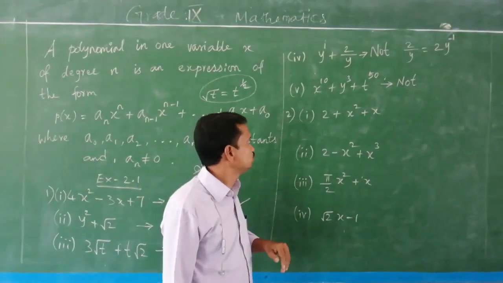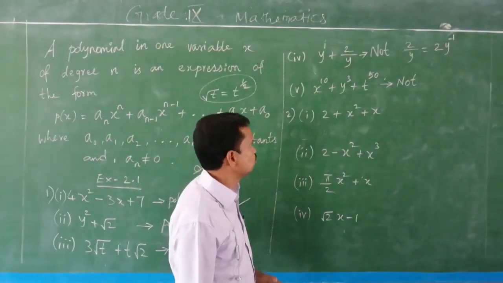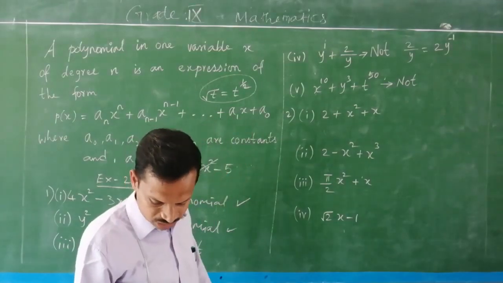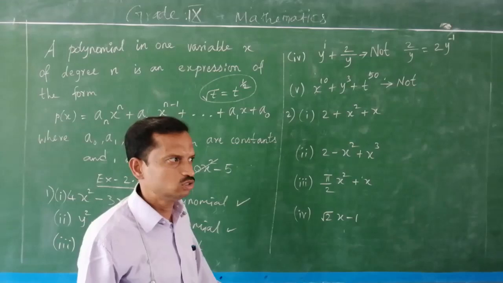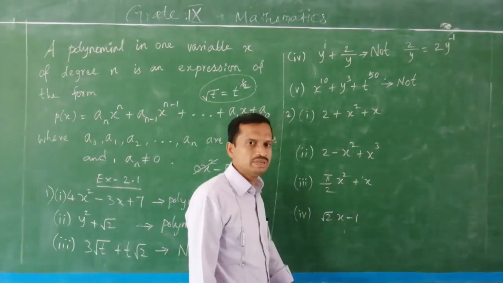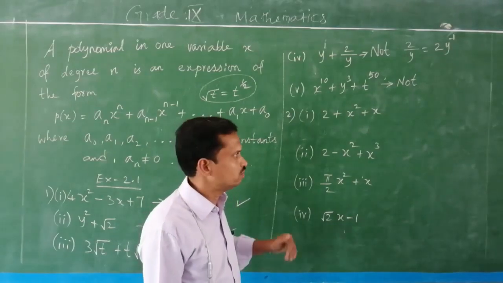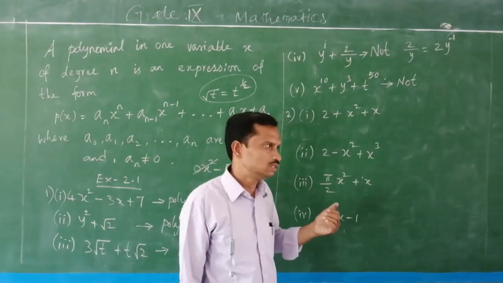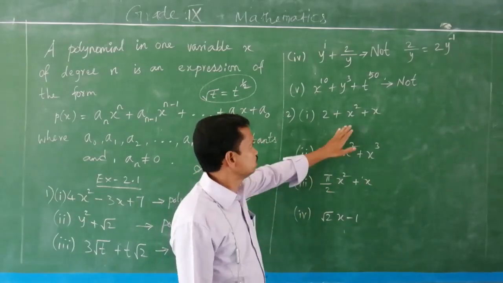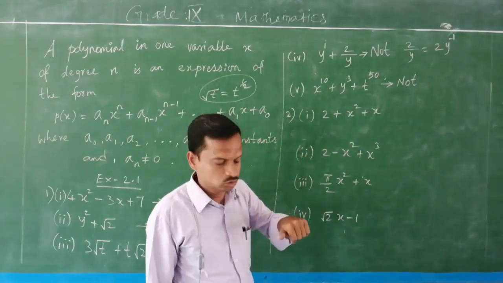And now coming to question number 2, 4 options are given. The question is, write the coefficient of x square in each of the following. It is very simple. You have to observe the term x square only. We have already seen what is the term and what is the coefficient. Now they are asking the coefficient of x square alone.